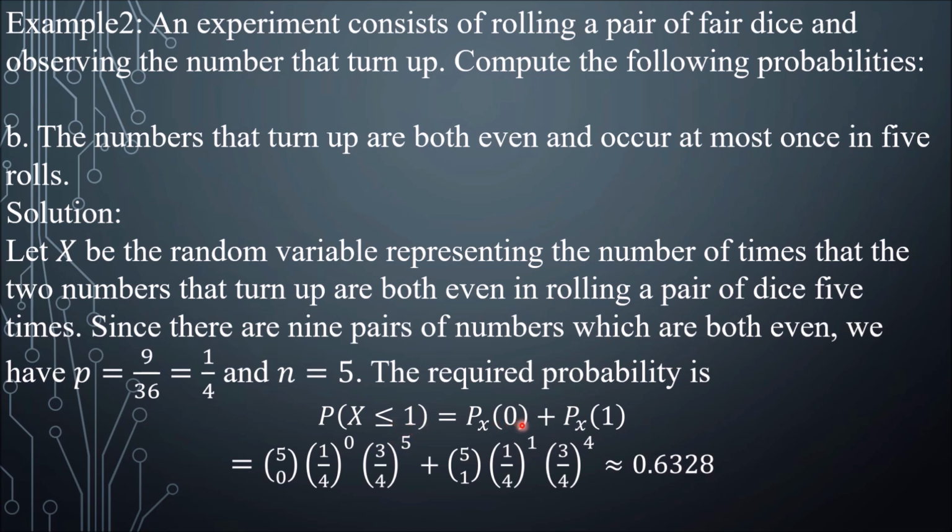So probability of 0 is 5 taken 0 times 1/4 raised to 0 times 3/4, because it's 1 minus 1/4, raised to 5, which is 5 minus 0. And then 5 taken 1 times 1/4 raised to 1 times 3/4 raised to 4. Computing all that, we have 0.6328.